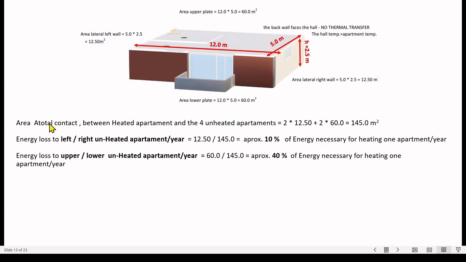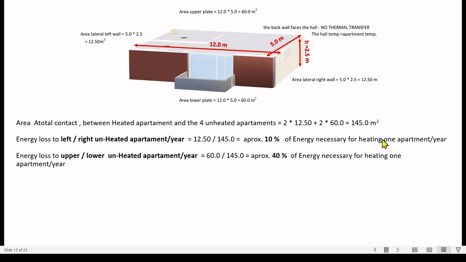The area of total contact between the heated apartment and the four unheated apartments, the sum of those areas, is 145 for this apartment. And the energy lost to the left or to the right to an unheated apartment in a year is proportional to this division, which is approximately 10% of the energy necessary for heating one apartment at 20 degrees.